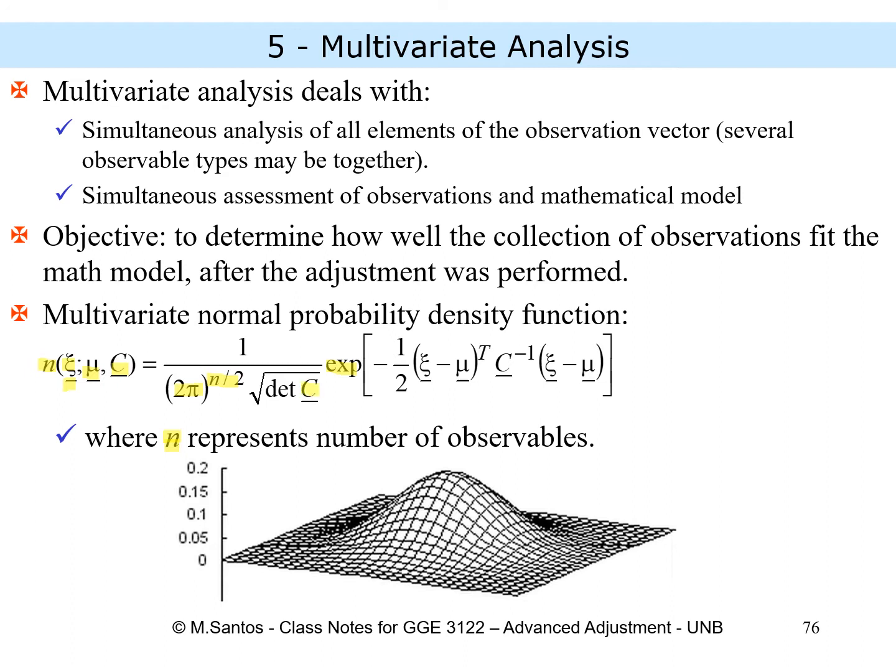The determinant of the covariance matrix, and here we basically have a quadratic form. It is a weighted quadratic form in which what we have is the parameter minus the mean, so this would be parameter minus the population mean.